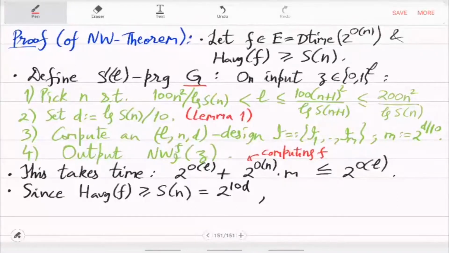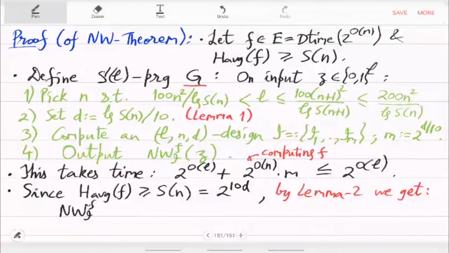So design exists, and then NW is computed in this much time, and using the average case hardness assumption you get that NW of f on U_L is S of n by 10, 0.1 pseudo random.